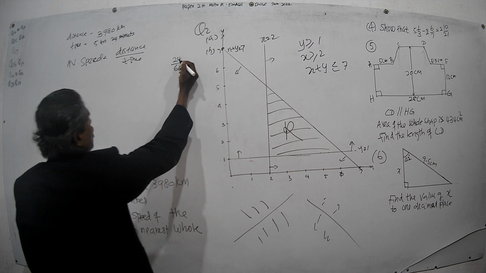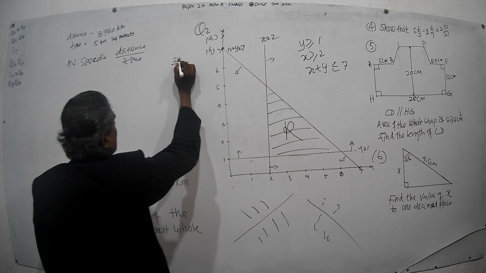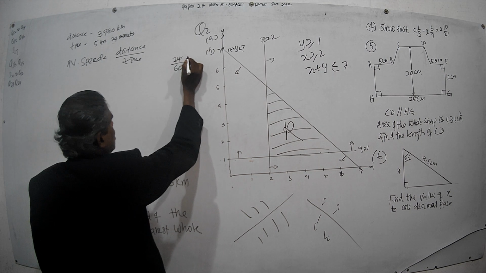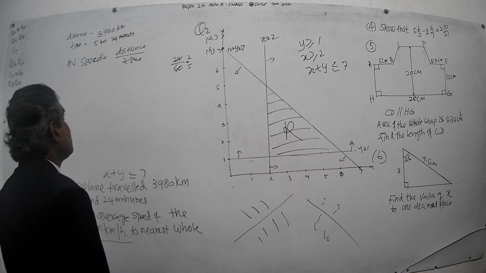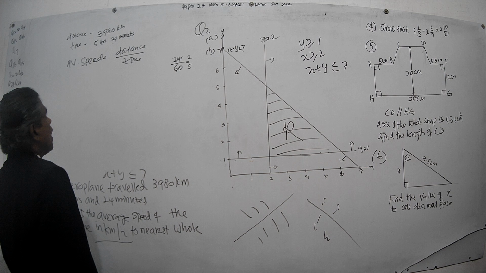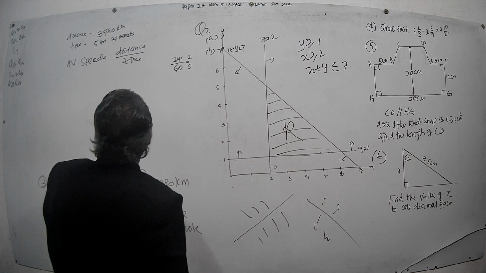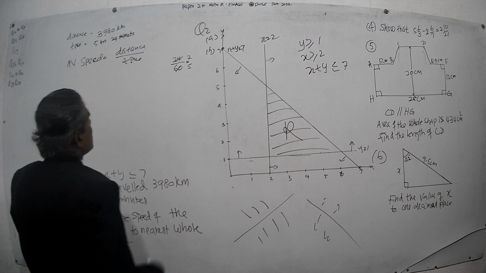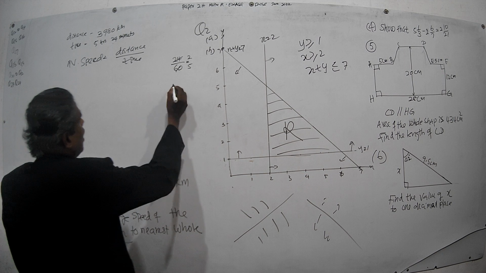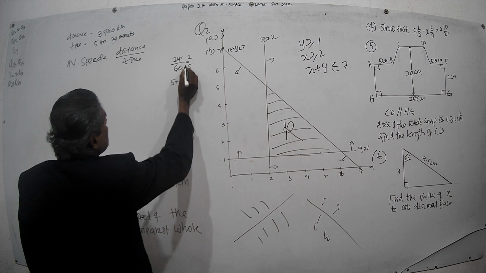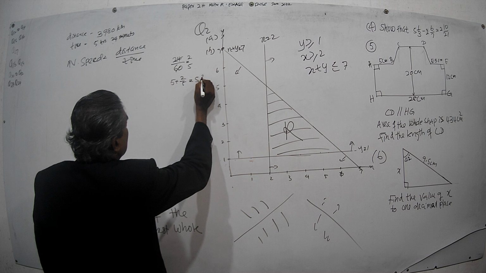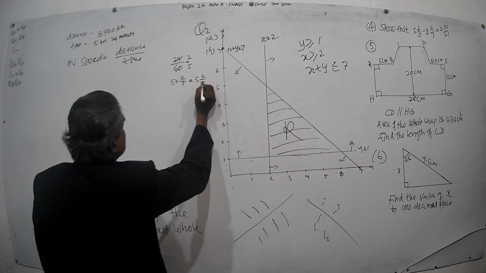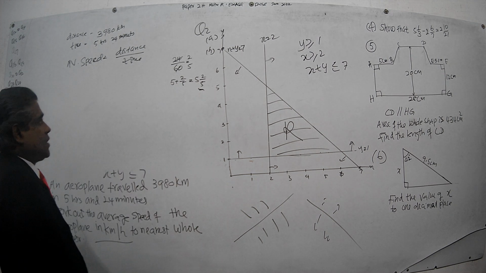Then it will be 12 over 5 hours, like this. Then total time will be 5 and 2 over 5 hours. That means 2 over 5 hours, that is that much.